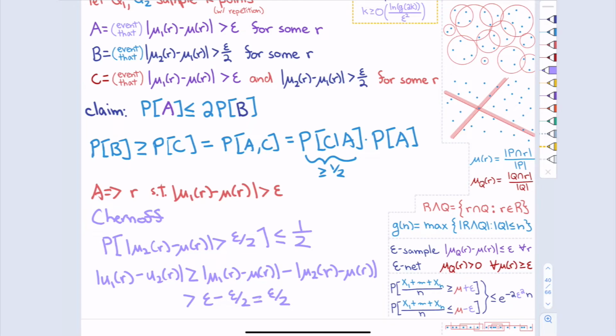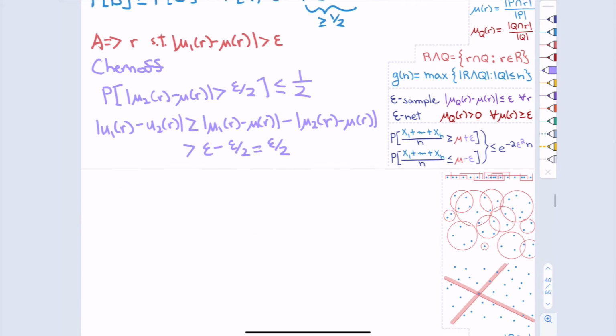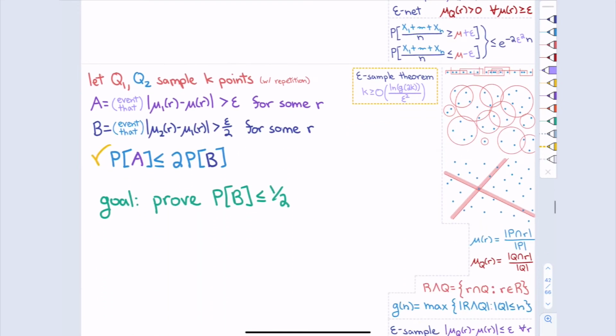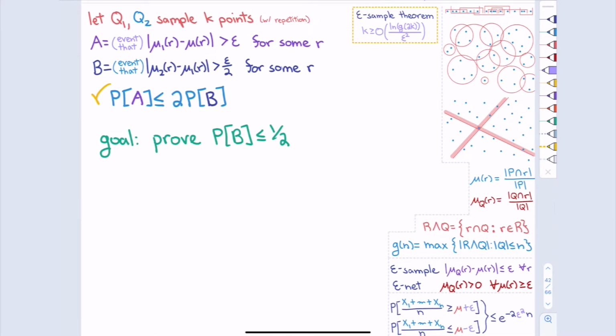All right. Okay, so that was cute. But the best parts haven't happened yet. It's so exciting. All right. So we've now bounded the probability of A above by the probability of B times 2. So now all that's left is analyzing the probability of B. If I could show, I guess 1/2 probably isn't good enough.